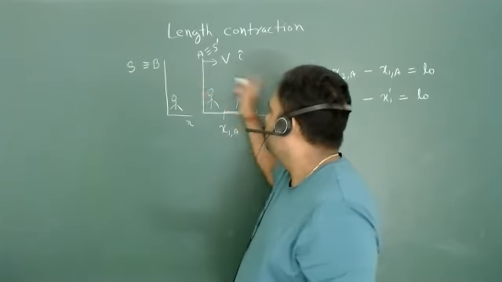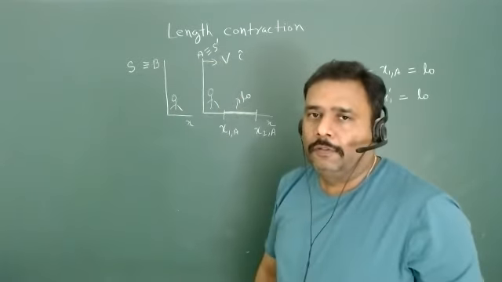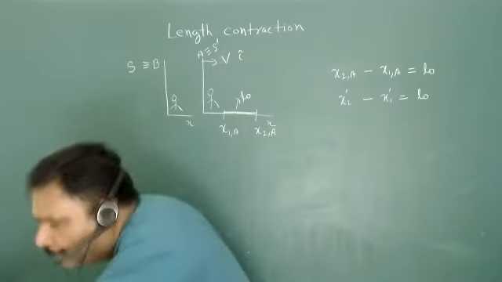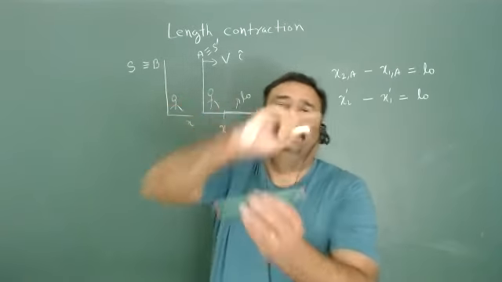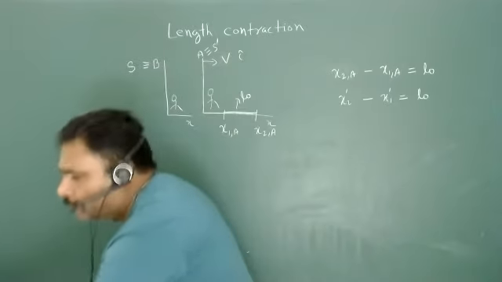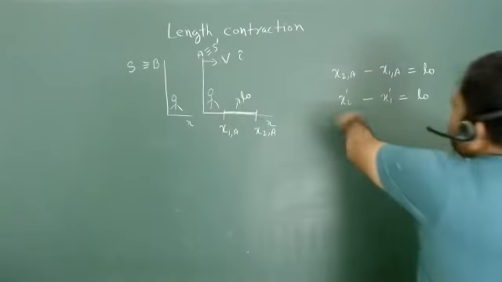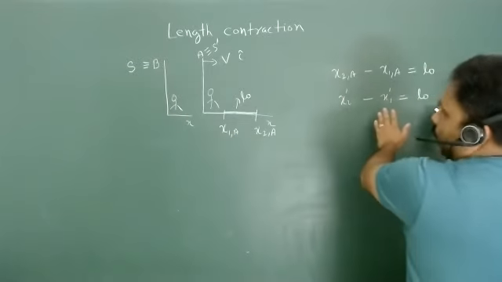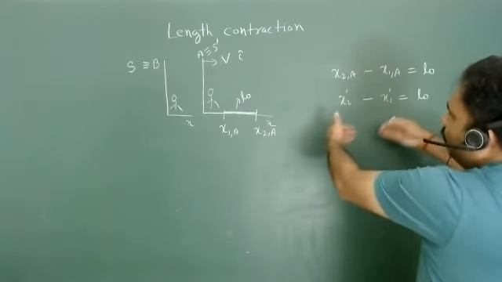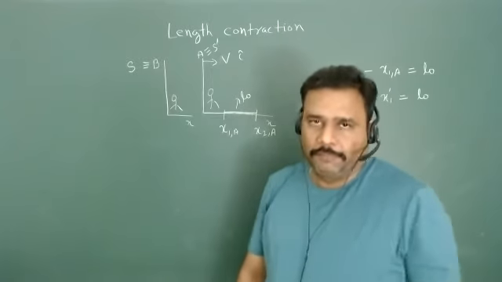This whole S dash frame is moving with respect to S. So he will try to see these two lengths simultaneously and look at what is going to happen. I am not going to change anything, but I have one very beautiful tool, and that tool is the Lorentz transformation.